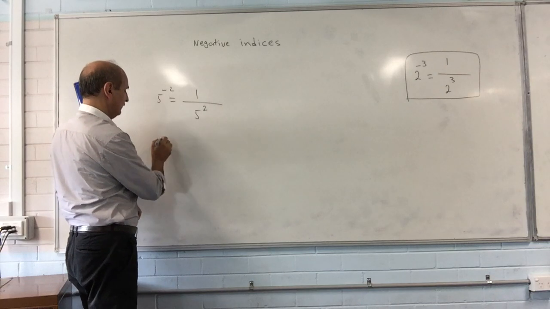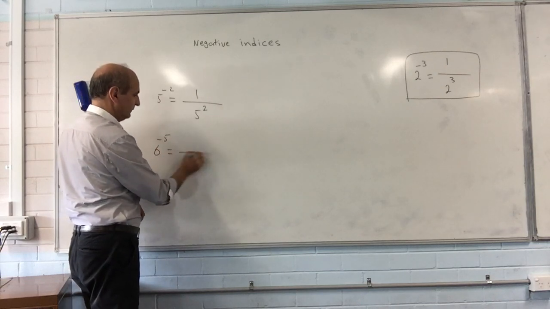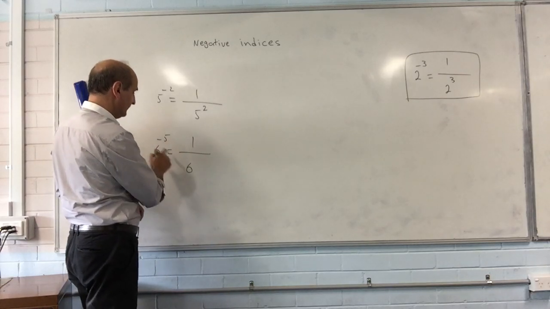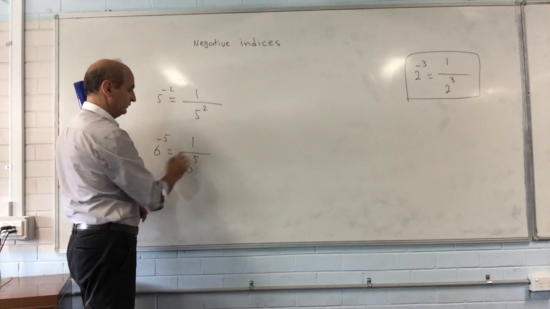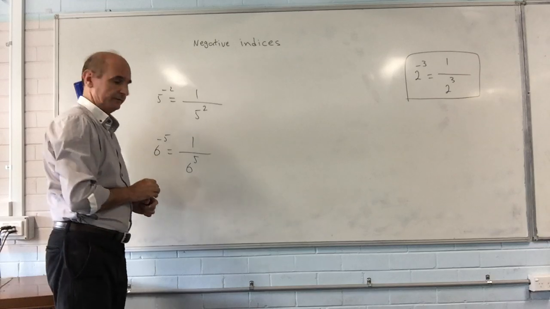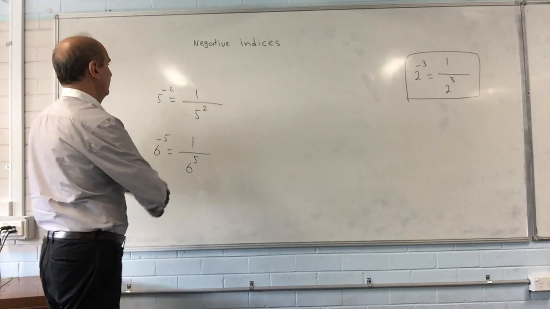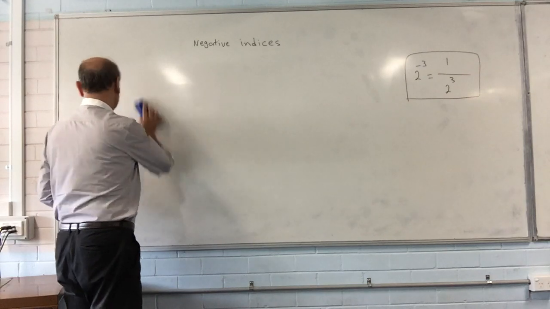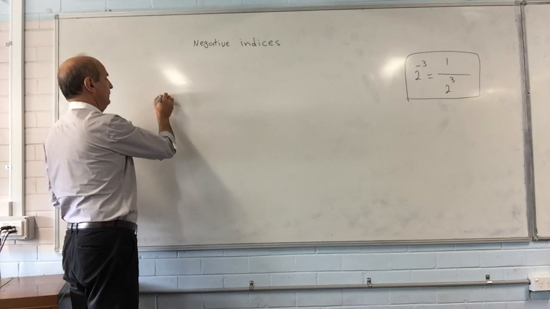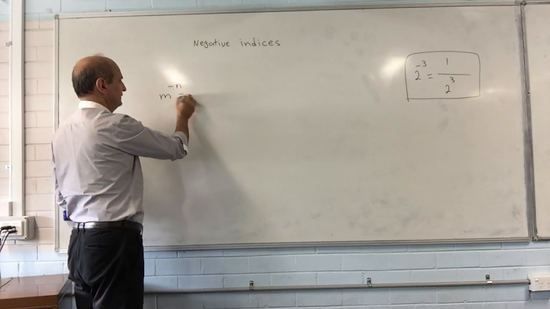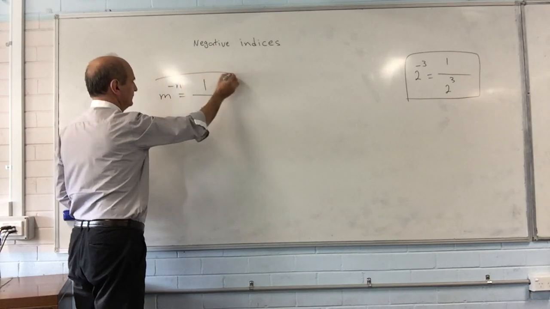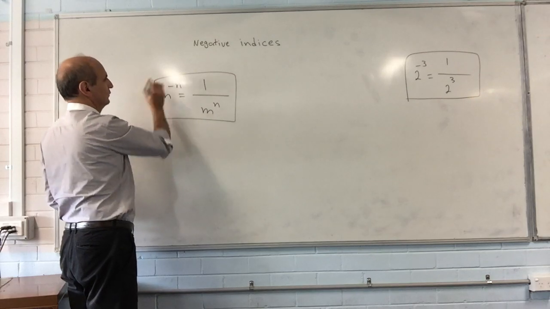So 6 to the power of minus 5 will be 1, which is always the numerator, over 6 with a positive power. That's how we can define any negative power. More generally, m to the power of minus n is the same as 1 over m to the power of n.